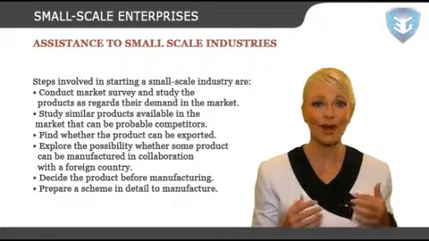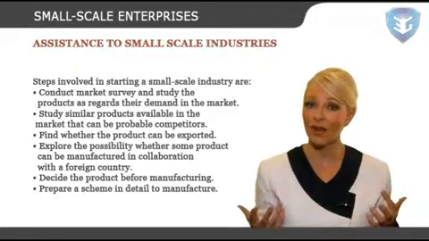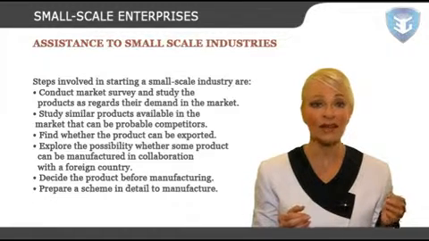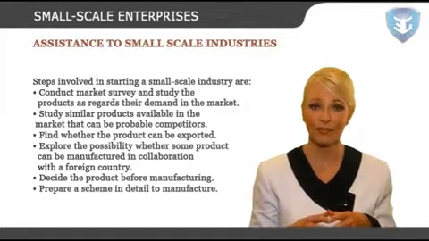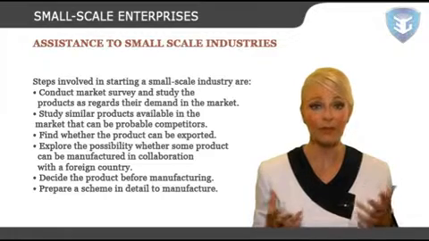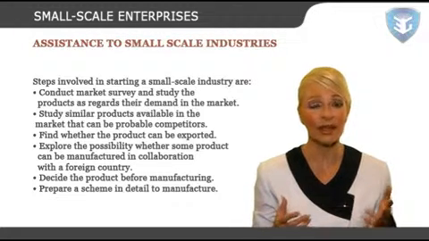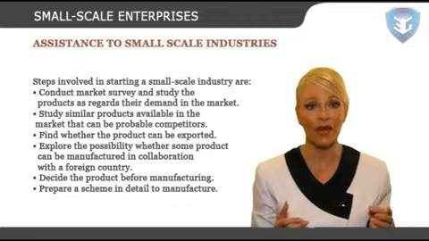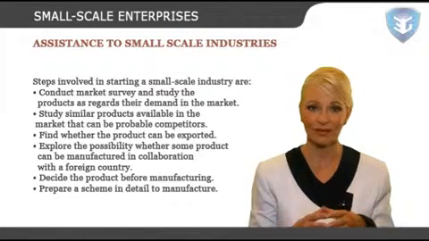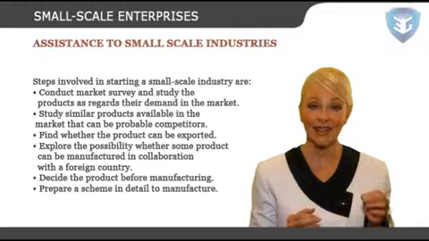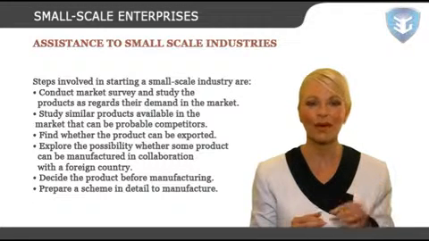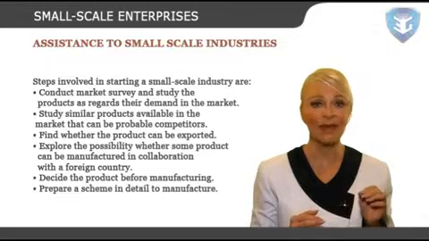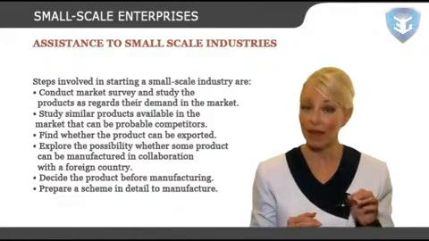Analyze them as regards their utility, quality, and cost. Find whether the product can be exported. Explore the possibility whether some products can be manufactured in collaboration with a foreign country. Decide the product before manufacturing. Prepare a scheme in detail to manufacture.